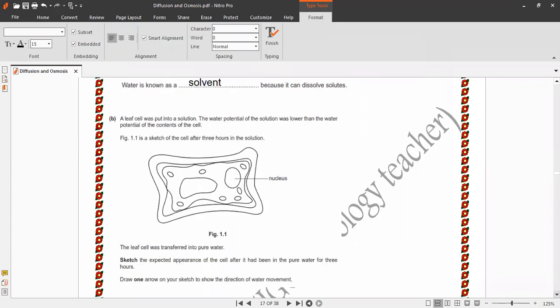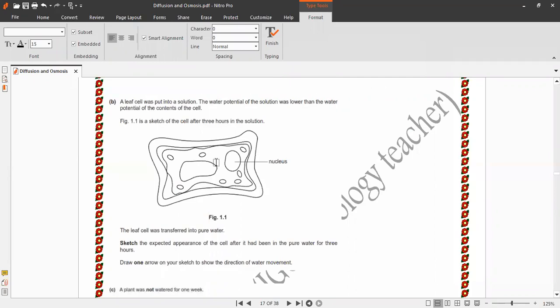Let's see question B. A leaf cell was put into a solution. The water potential of the solution was lower than the water potential of the content of the cell. Okay, so here water potential means what? It means a high salt and low water.